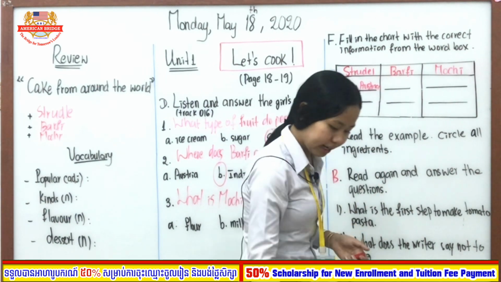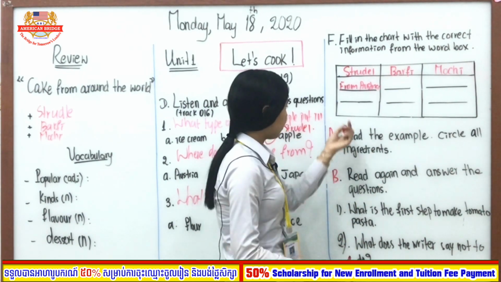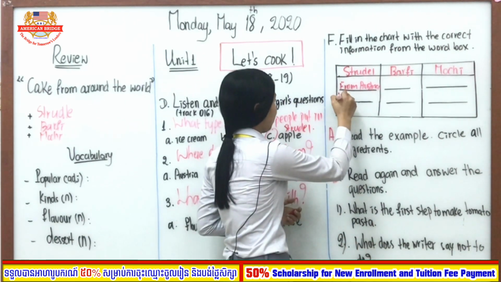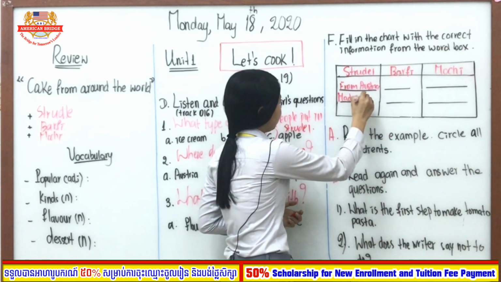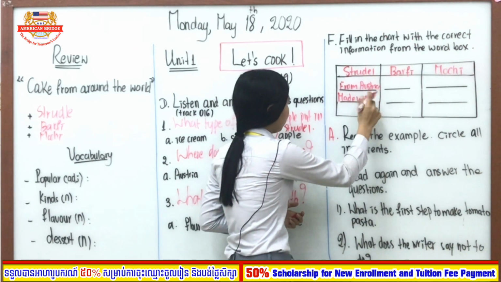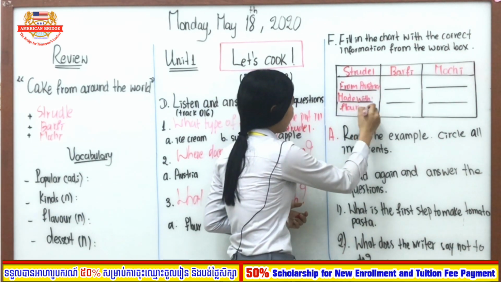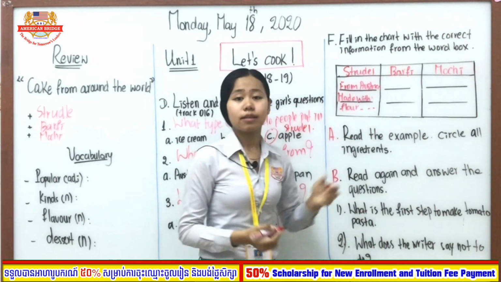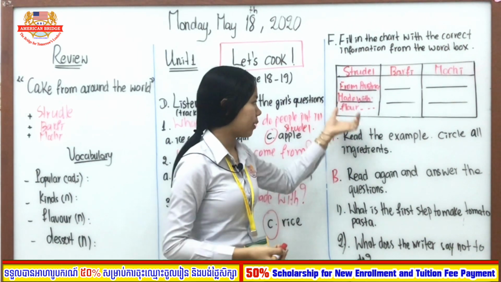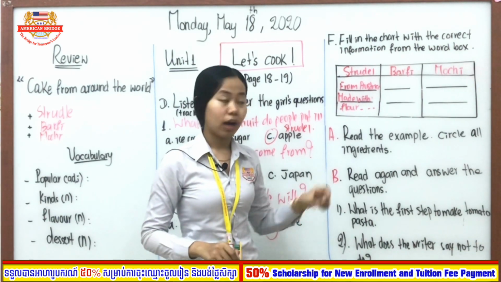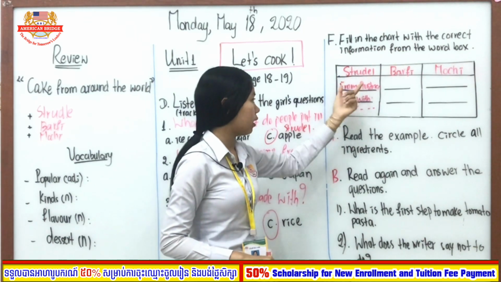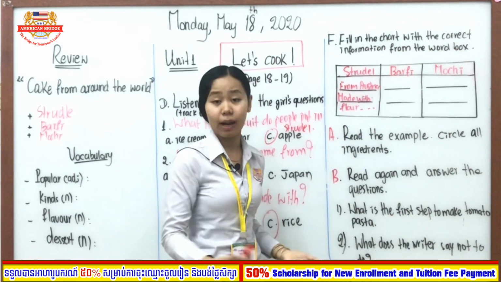And another phrase they put is made with flour, right? So strudel is made with flour, so you can put made with flour, for example. And there is other information related to strudel. So try to find the information that they describe in the box and then put it with the correct cake. For example, strudel is from Austria, it's made with flour and so on.